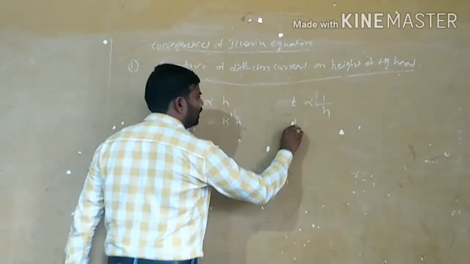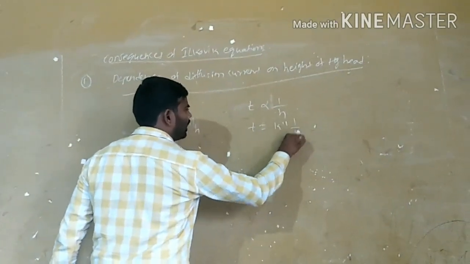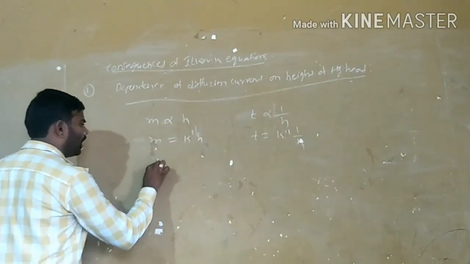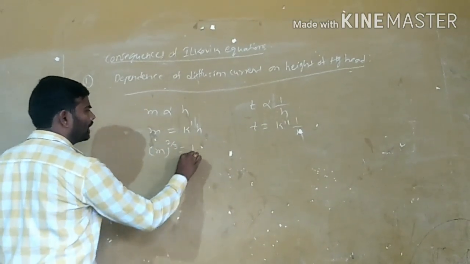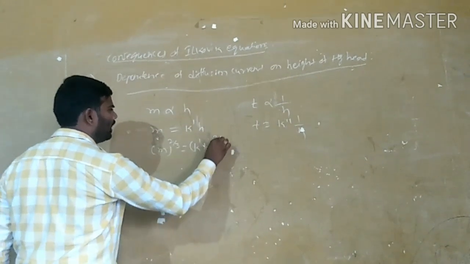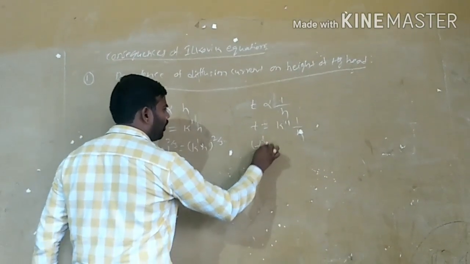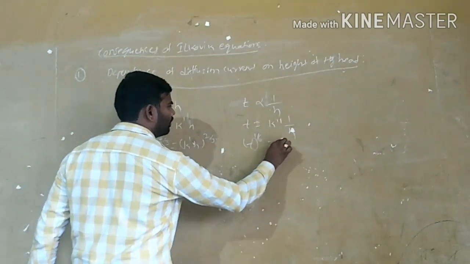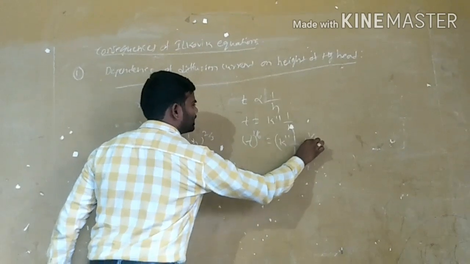Here t is equal to k double dash of 1 by h. I am taking m to the power 2 by 3, nothing but k dash h to the power 2 by 3, and here t to the power 1 by 6, I am taking k double dash 1 by h to the power 1 by 6.